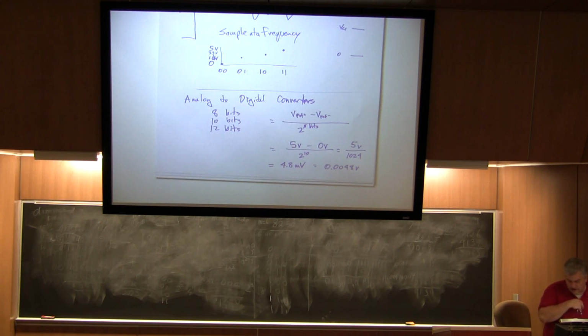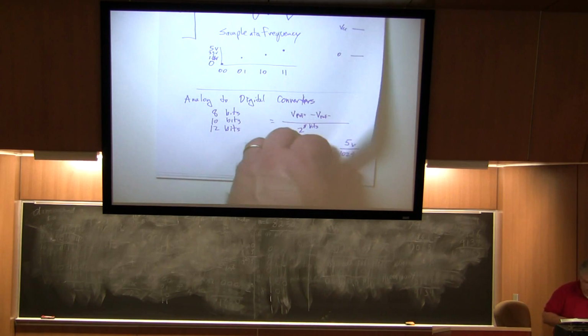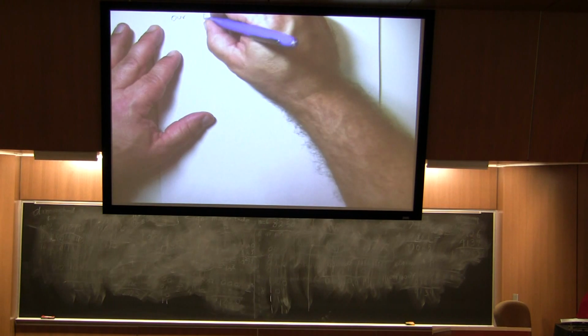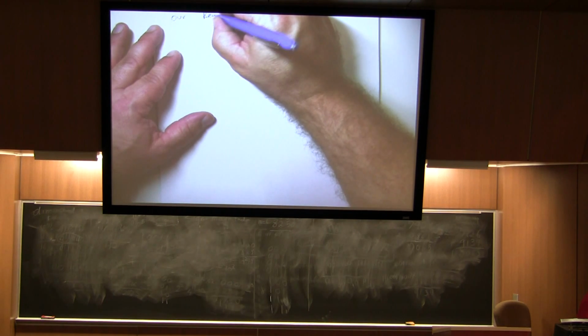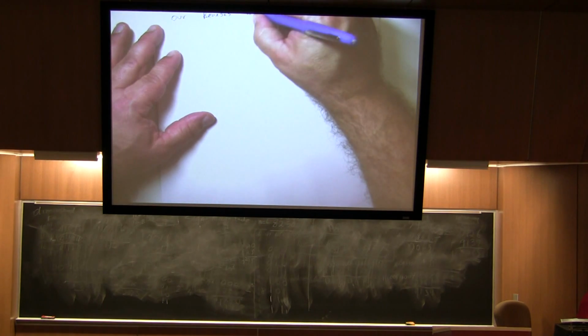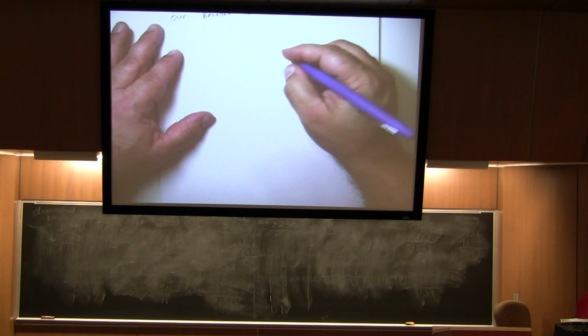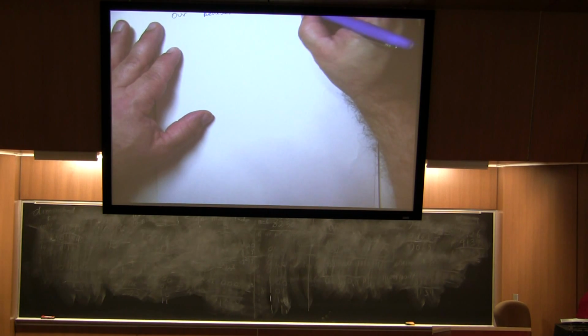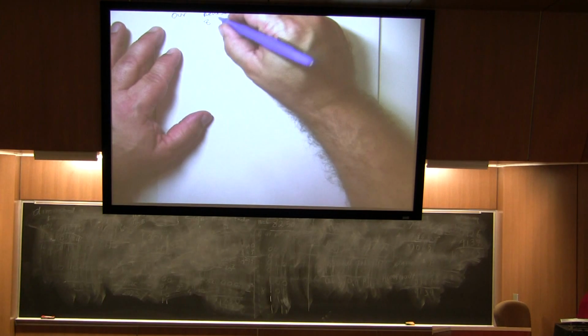So let's take a look at another example. Let's say our Renesas board runs at 3.3 volts, and there are 8 bits of resolution.